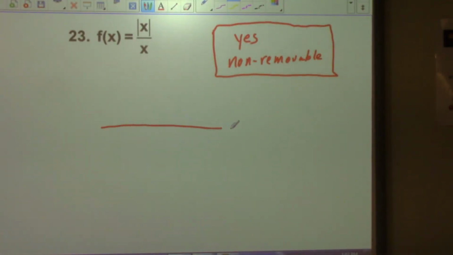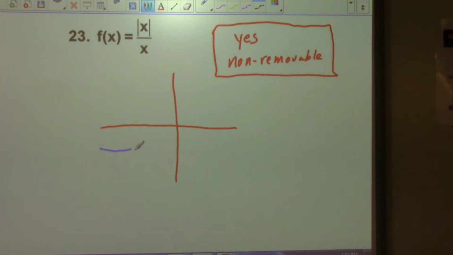And you can kind of think through this thing. To the left of the y-axis, is the numerator ever going to be negative? No. Is the denominator ever going to be negative? Yes. And where is the denominator negative? Where x is negative.